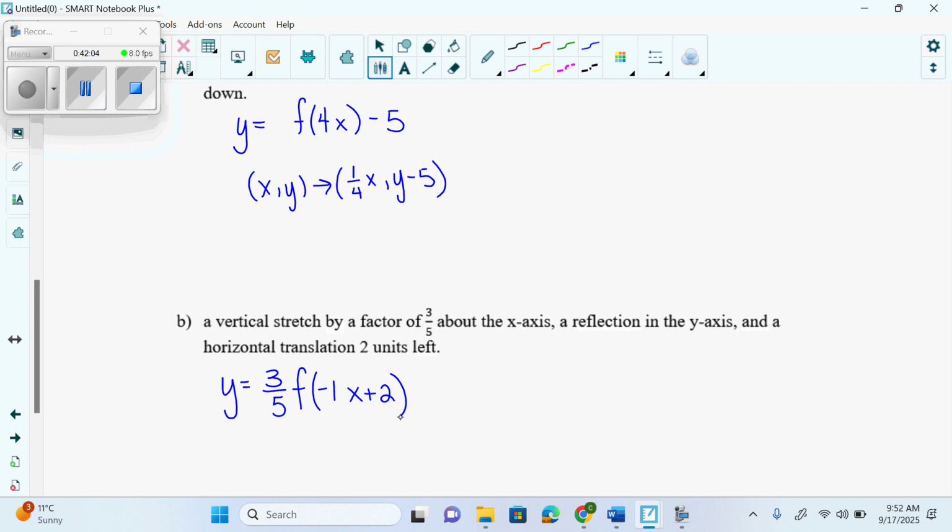It would change it. So what do I need to do? Brackets. Now am I right? Yes. Now I'm correct. So remember, when there's a stretch or a reflection with the x, you have to put it in your equation, and then your translation goes in brackets.